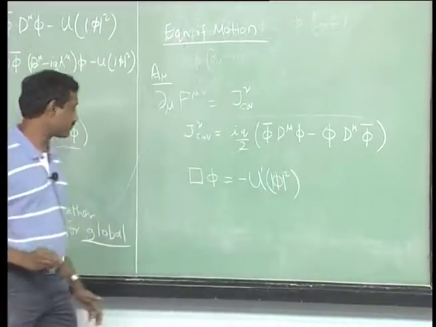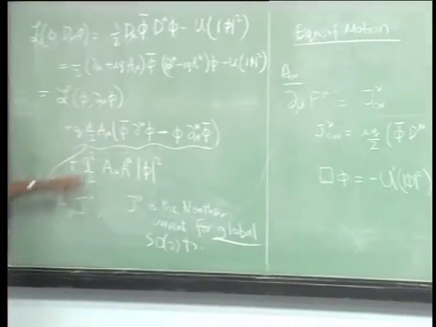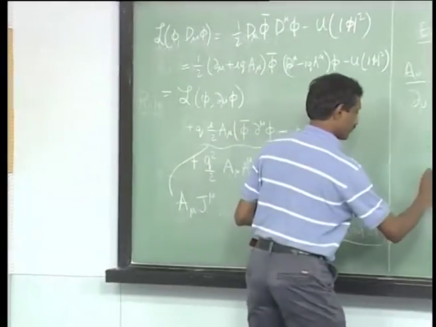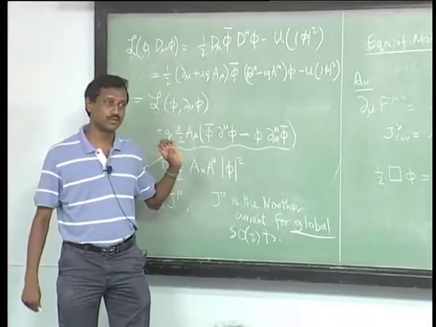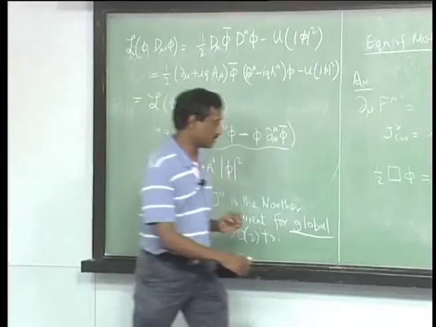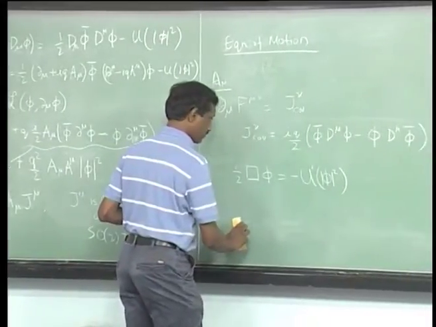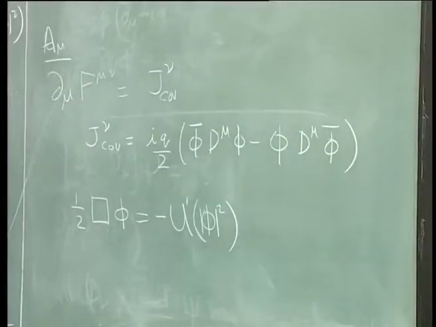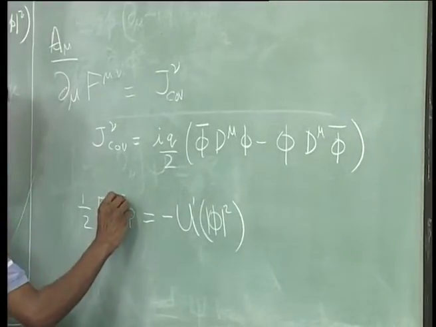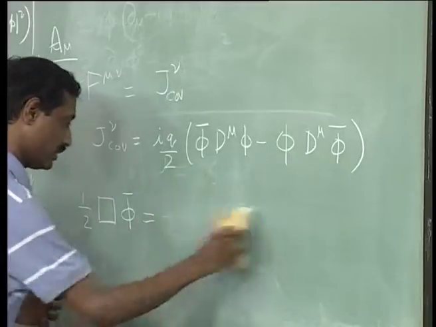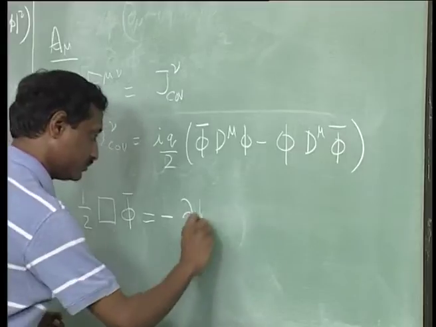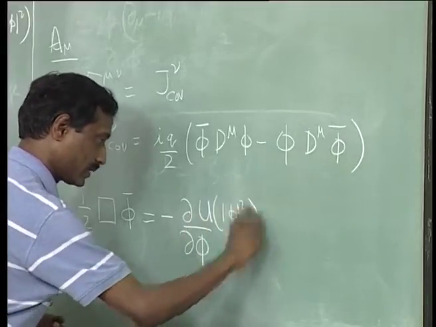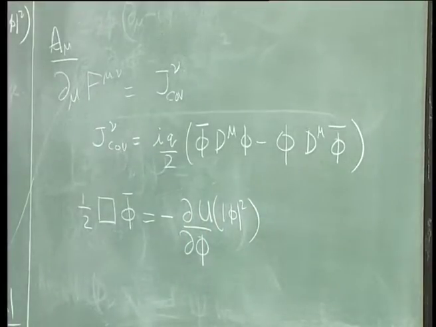Now, I was worrying about a factor of 2, because when I do this variation, this is what it would have been in the absence of the gauge field. But now I think I am okay.